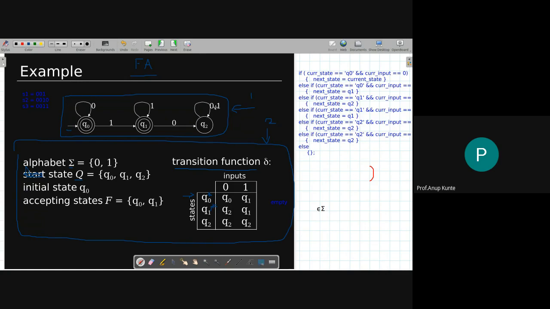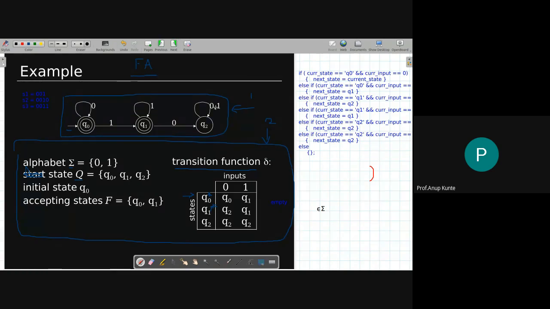The next thing that we need to understand is whether the set of states is finite or not. Because sometimes it could be that the set of states is infinite. If the set of states is infinite, the device isn't referred to as a finite automata. The reason behind that is the definition of finite automata restricts the set of states to be finite.